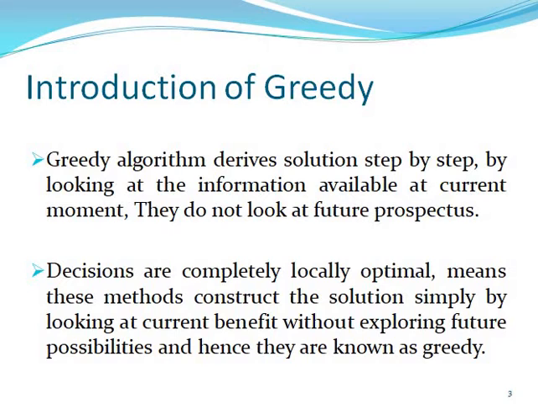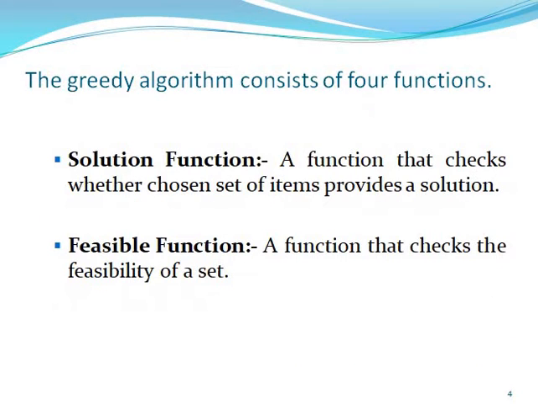It looks at the current benefit, and the current situation is directly applied in the greedy algorithm, not the future perspective. Then we can see that the greedy algorithm consists of four function units or four characteristics.